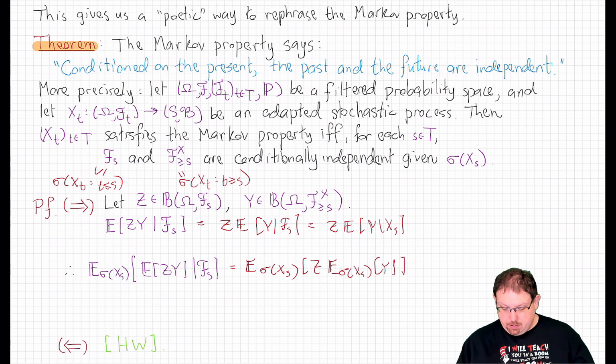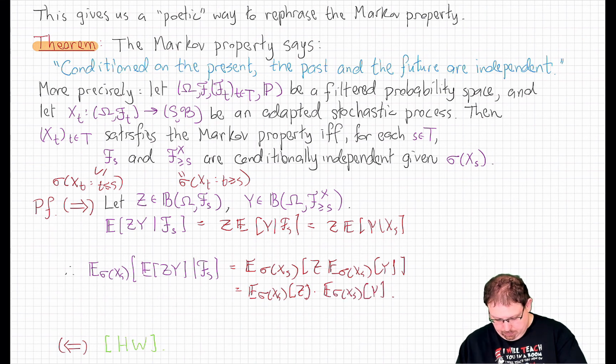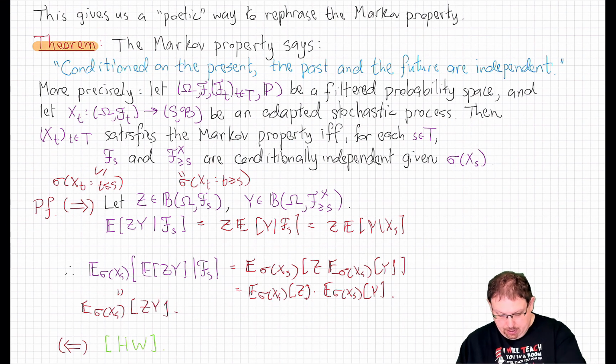And now I'm going to use the product rule again. This time, this is the random variable that isn't necessarily measurable here, but this one is. And so I can pull this one out. But on the other hand, by the tower property, since this sigma field is contained in this one, this is equal to the conditional expectation given just X_s of Z times Y. And there is our forward statement.